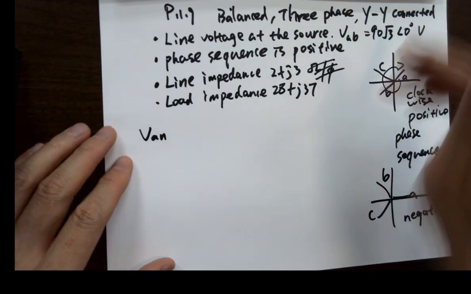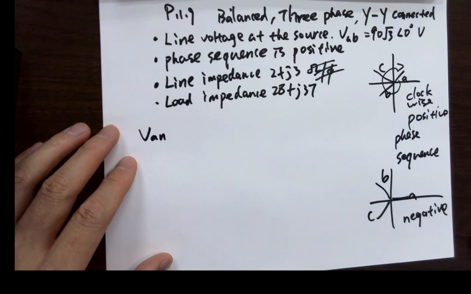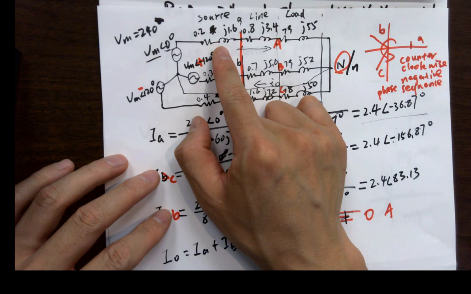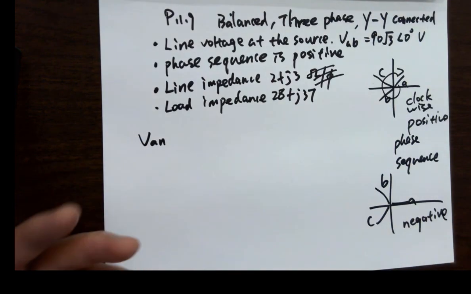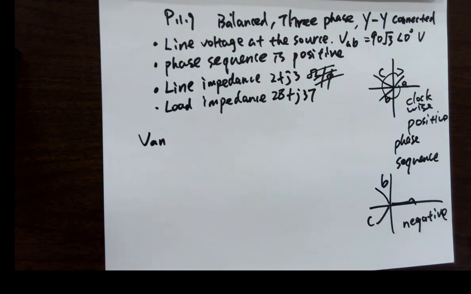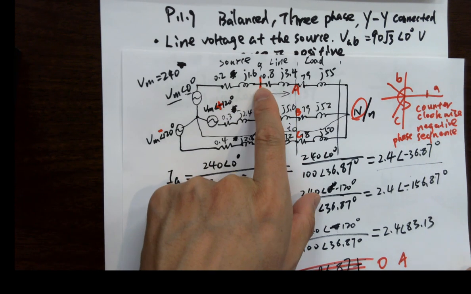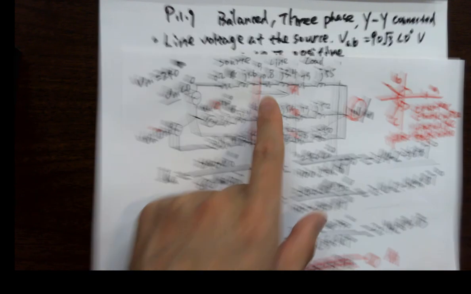Think about it: it only provides line impedance and load impedance. Where's the source impedance? It just didn't tell you. It's ignored. It doesn't exist. It's just assuming that whatever the voltage is, it's already provided here. So that's whatever voltage is here.